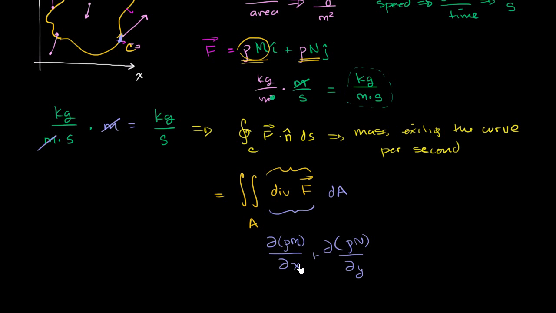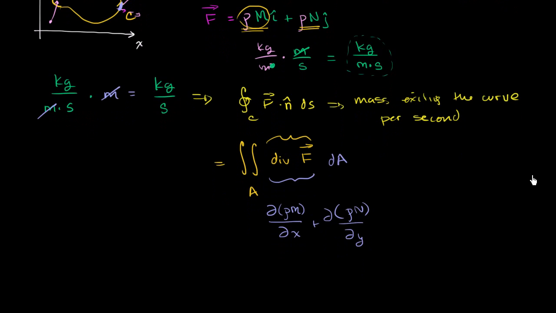Well, what are the units of this going to be? We know what rho m is. Rho m gives us kilogram per meter second. But if we take the derivative with respect to another unit of distance, the units for either of these are going to be kilograms per meter second per meter.